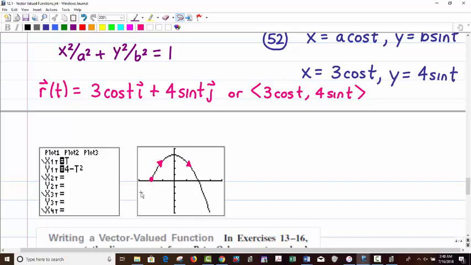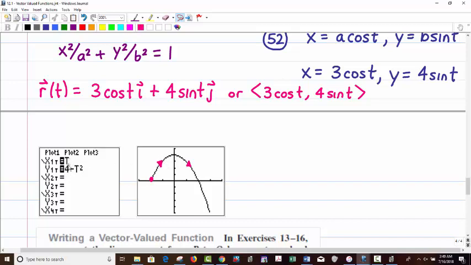So this one only draws based on what values of t you tell it. Obviously the graph would have kept going had I started earlier, but I'm just drawing the arrows to represent what's called the orientation. That means this is the direction it's going as t increases. So I can put -2 in here, you get -2, 0. Put -1, you get -1, and 4 minus 1 is 3, so it's up here.